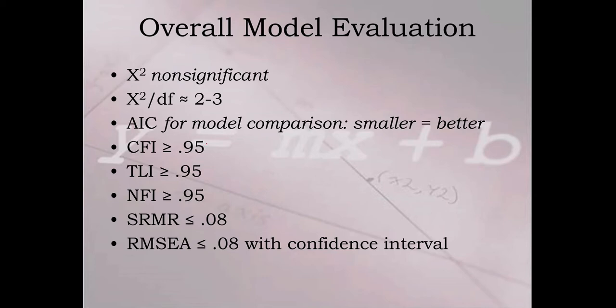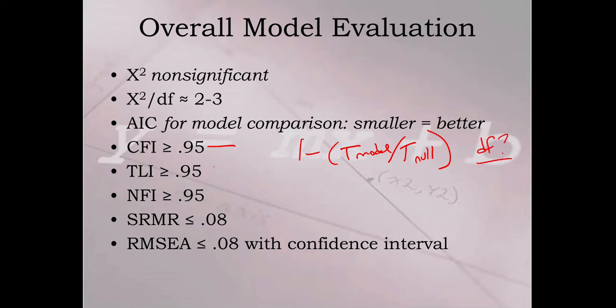So unlike the CFI, which is calculated by, well, it's functionally 1 minus a variable called T for your specified model divided by T for the null model. And T in this case is a non-centrality parameter, a non-centrality chi-square. Notice that nowhere in that calculation do the model degrees of freedom come in.